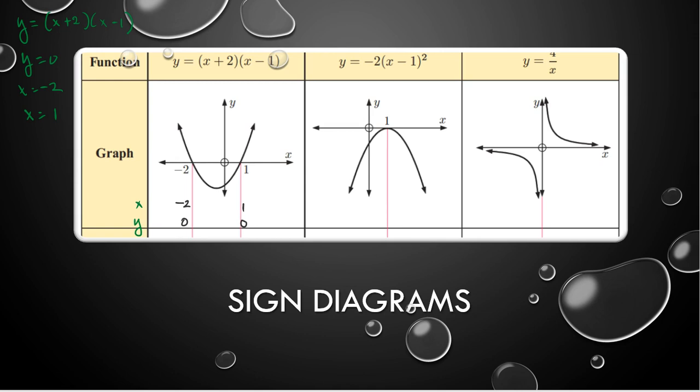If I put a value of 0, when x is 0, you have 2 times negative 1, which is negative. So between negative 2 and 1, I should expect the value of y to be negative, as you can see here in the graph.